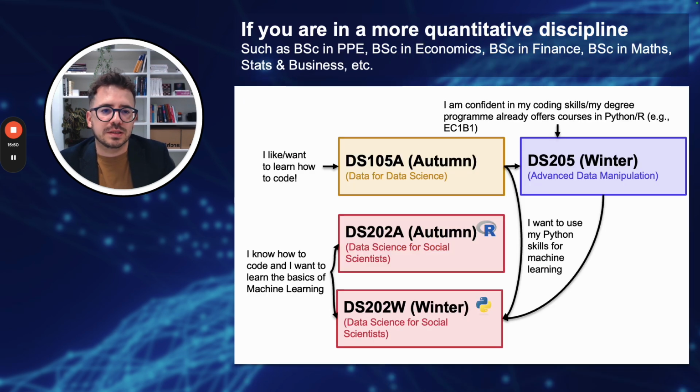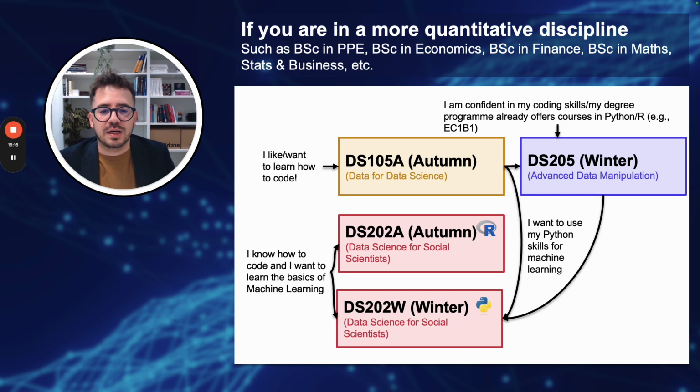Another route is if you are, for example, in a more quantitative discipline, and I highlighted here multiple points of entry. If you want to learn how to code because you are in a quantitative discipline, maybe you won't benefit so much from DS101A, even though we have a lot of students who take these courses. But if you are in a more quantitative discipline, it's likely that you're already doing a little bit of coding or math and stats.